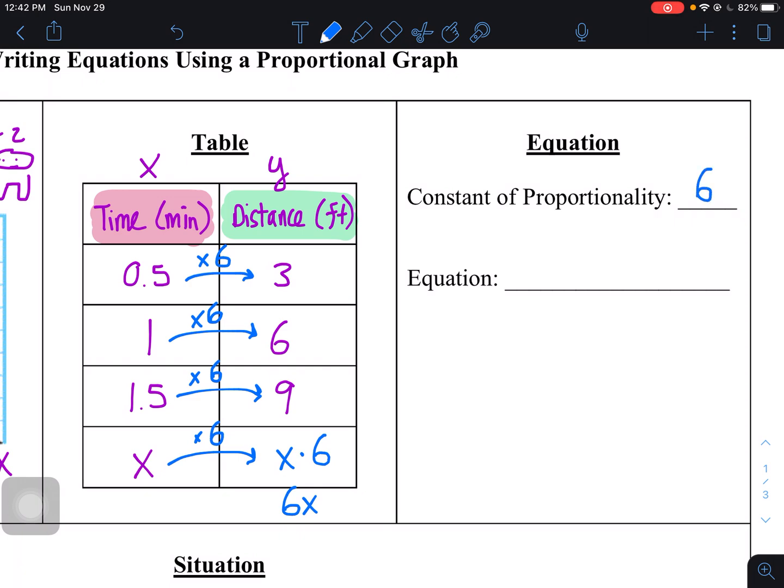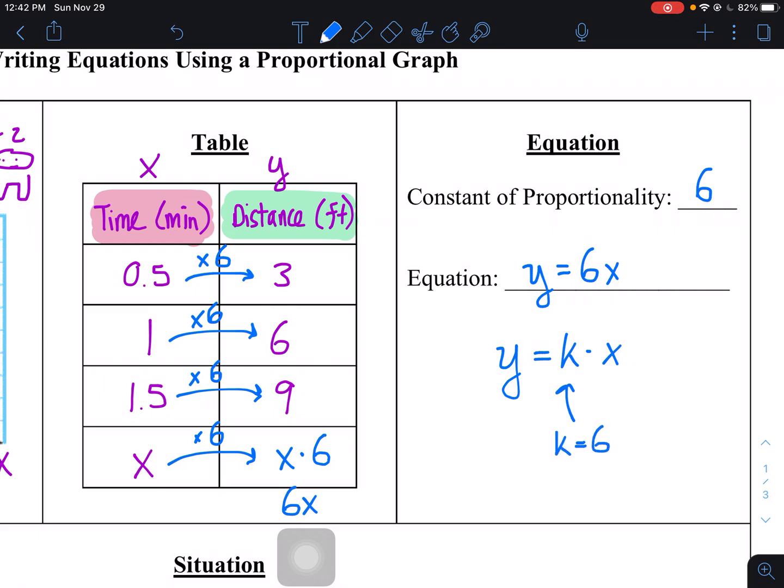So our constant of proportionality is 6. Our equation is y equals 6x. If we wrote out the general form of our equation, that makes sense because our constant of proportionality is 6. So y equals 6 times x.